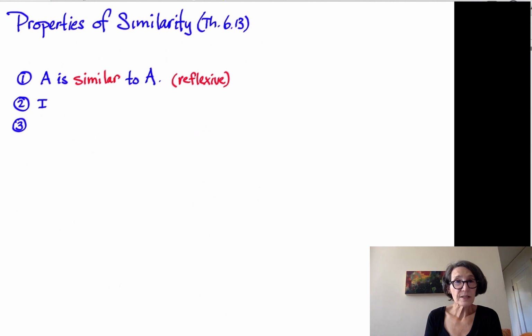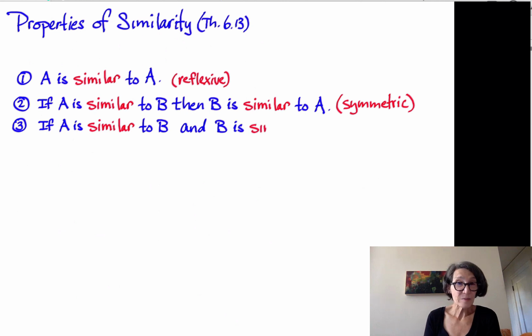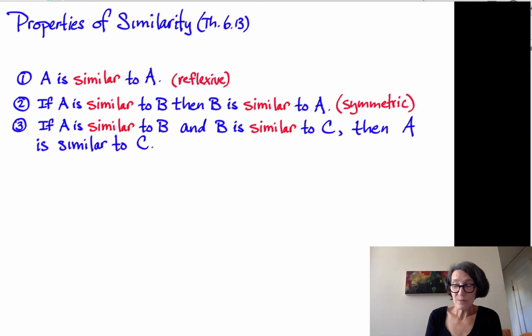The second property says if A is similar to B, then B is similar to A. So if B is equal to P inverse AP, then there's some invertible matrix Q such that A is equal to Q inverse BQ. And that's called the symmetric property. The third one is if A is similar to B and B is similar to C, then A is similar to C. And that one is called the transitive property or transitivity.